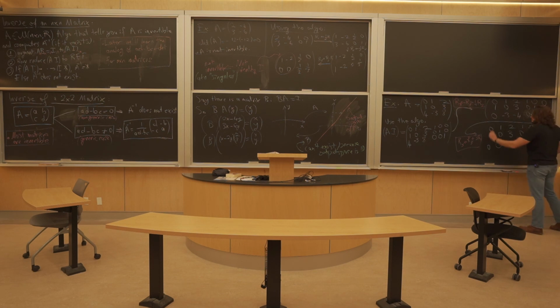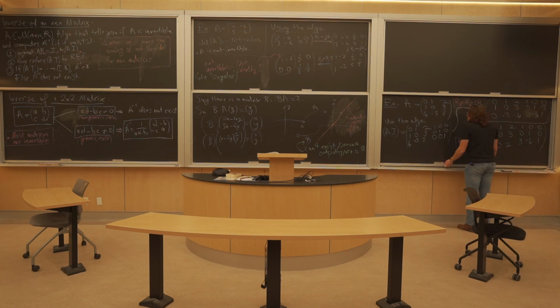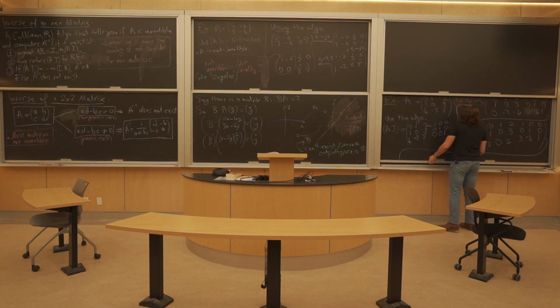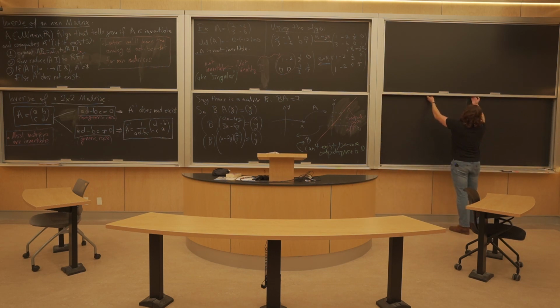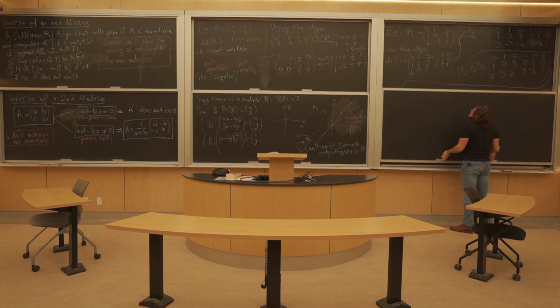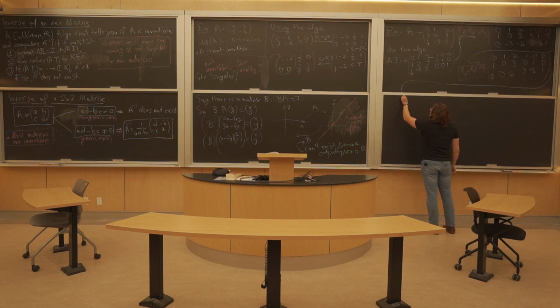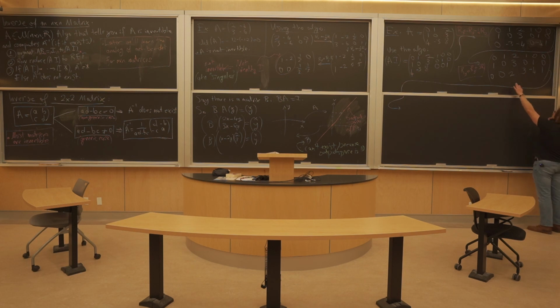This stays the same. Okay. Next stage, what I can do is divide the third row by 2 to simplify this and get a 1 here.